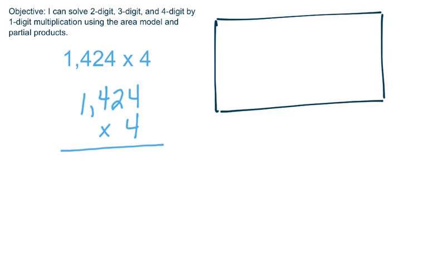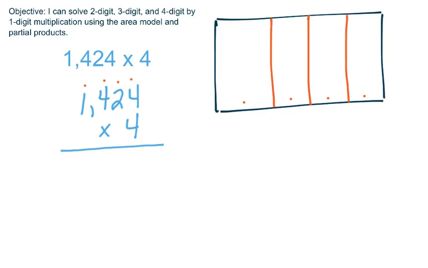So I've got to be thinking, how many sections am I going to divide my rectangle into? Well, I have 1, 2, 3, 4 digits in my number. So I'm going to need 4 sections. 1, 2, 3, 4. Alright, now I've got to figure out, what am I going to label each of those sections?